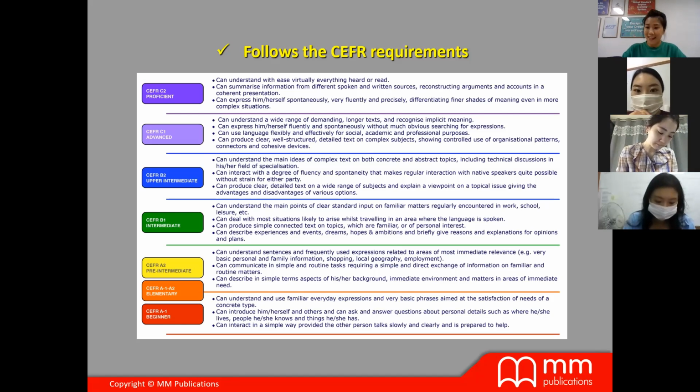A1. Exactly. So what we mean when we follow the CEFR standard is that it stays within this guideline that the European Union has set. But now it's not just the European Union, it's not just Europe that uses this standard. The whole world is adopting it.